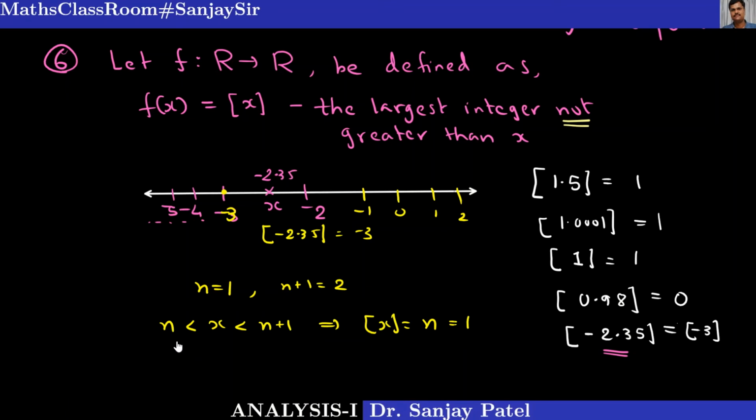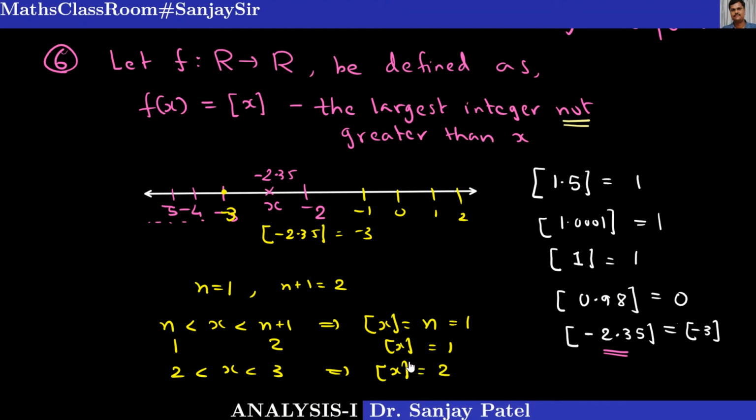So for any number between 1 to 2, the bracket x is 1. If I take n equal to say 2, then 2 less than x less than 3. So for any x between 2 to 3, the bracket x is equal to 2, like that.